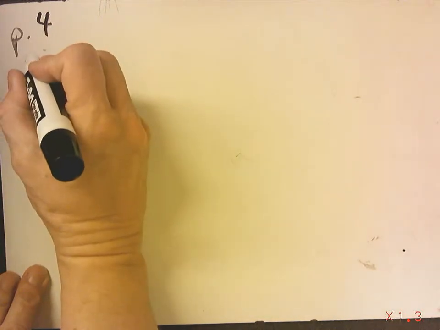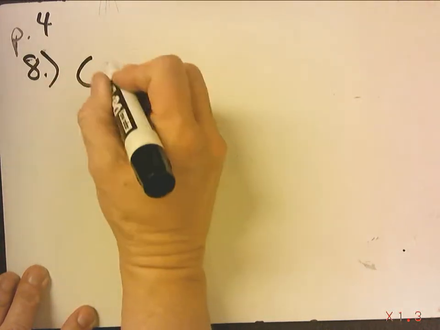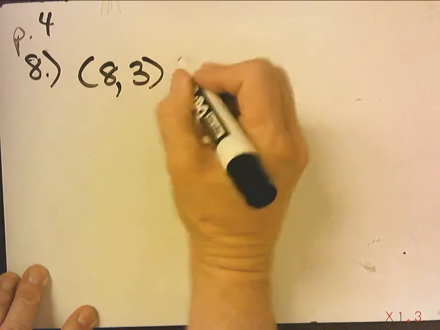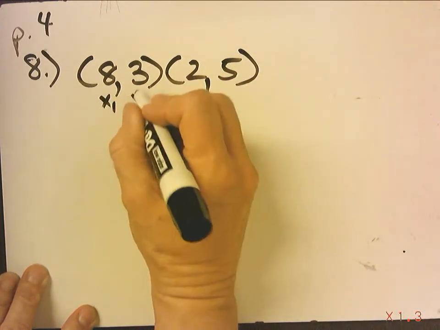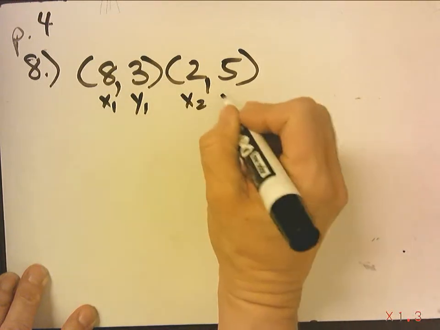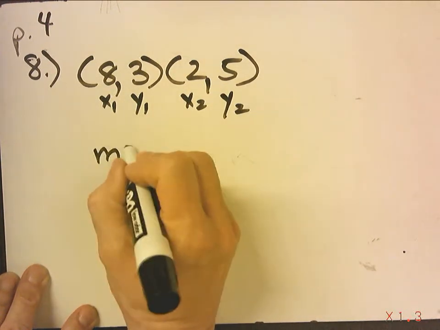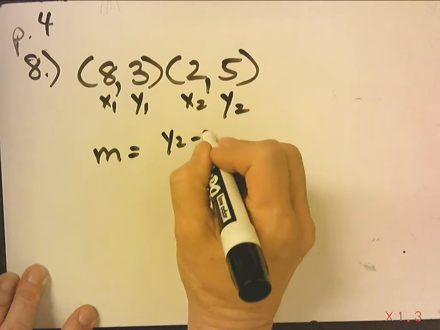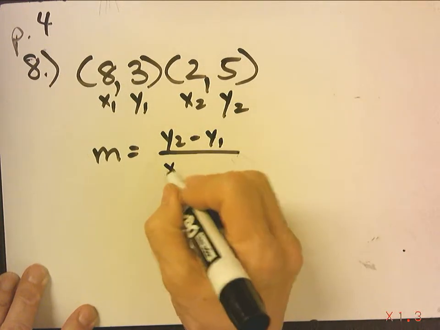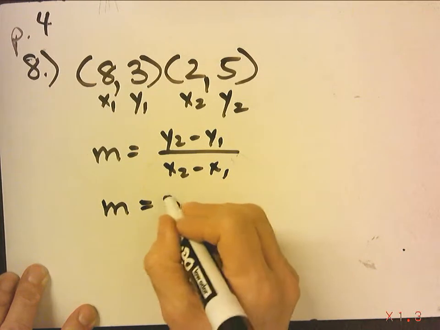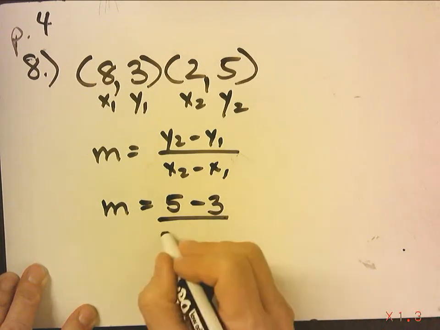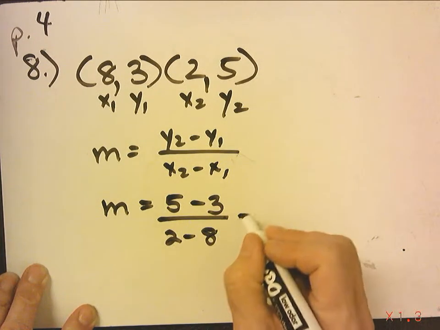Now, let's do number 8. We have 8, 3, 2, 5. Label x sub 1, y sub 1, x sub 2, y sub 2. m equals y sub 2 minus y sub 1 over x sub 2 minus x sub 1. m equals 5 minus 3 over 2 minus 8.